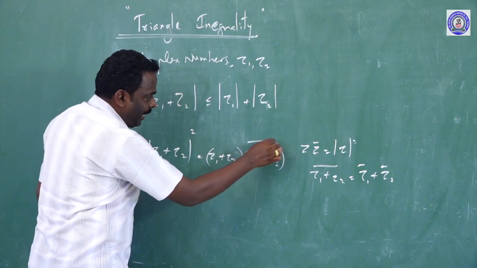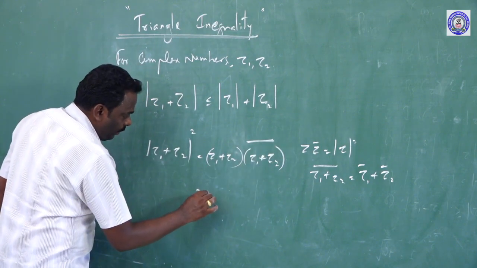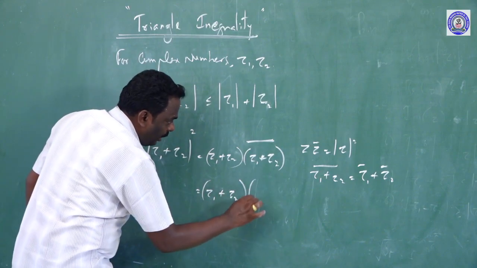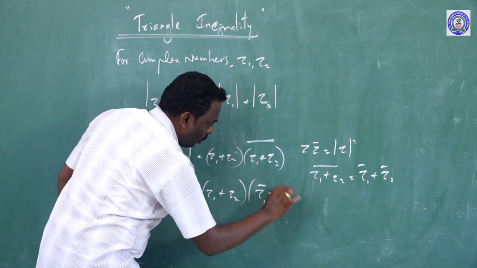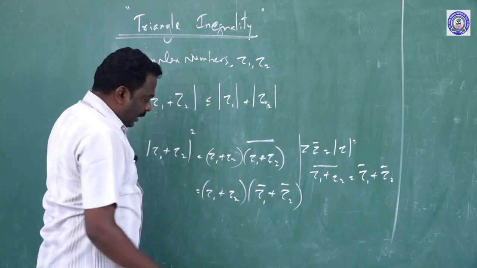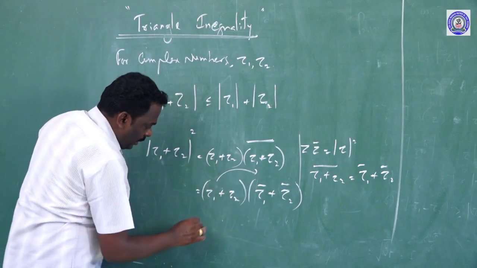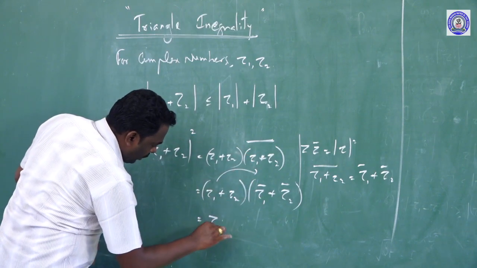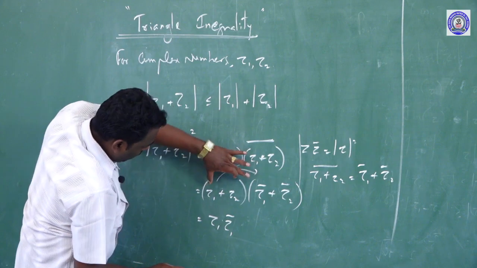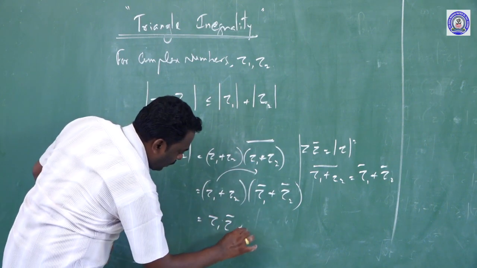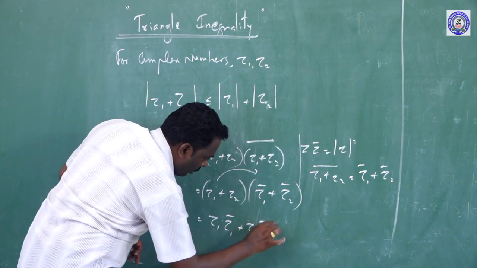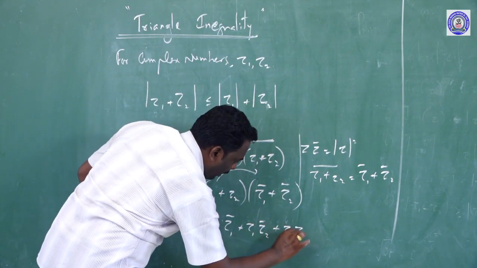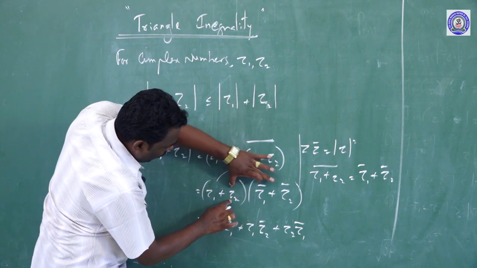Apply the property of separating the conjugate, that is equal to z1 plus z2 into z1 bar plus z2 bar. Understand? Just ordinary multiplication: z1 into z1 bar, then z1 into z2 bar, then z2 into z1 bar, then z2 into z2 bar.